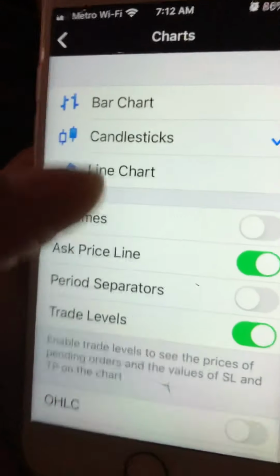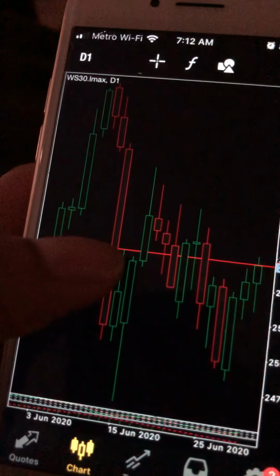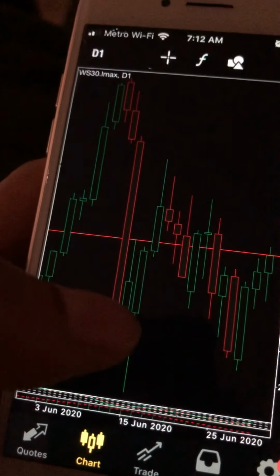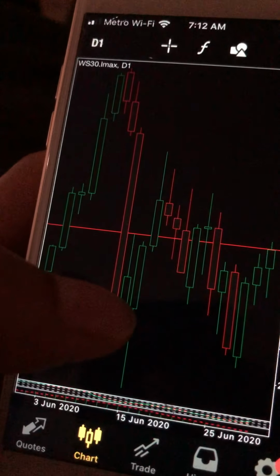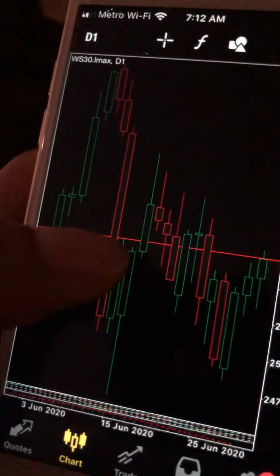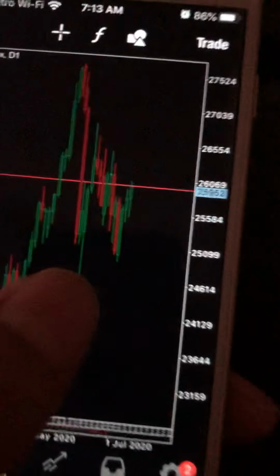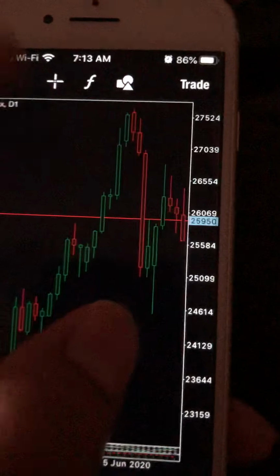The next green bar is price opened up here, went all the way down here, then went back up past where it opened, and it closed right above the open, so that's why it's green. All right, so those are buyers, and the reds are sellers.